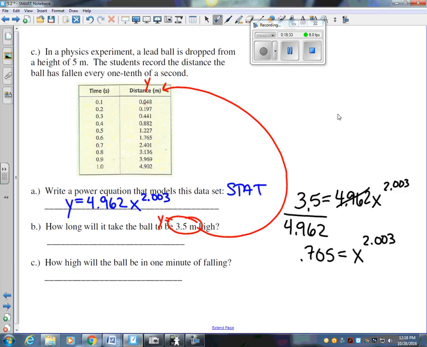To get x by itself, you have to get rid of the 2.003. That's your power, so you would take the root, but you're going to put 2.003 on the outside.